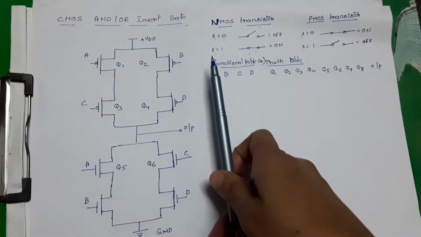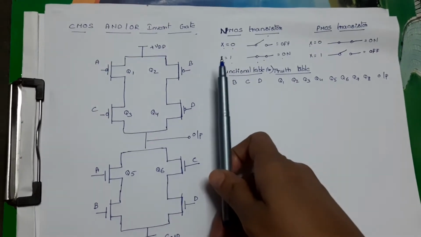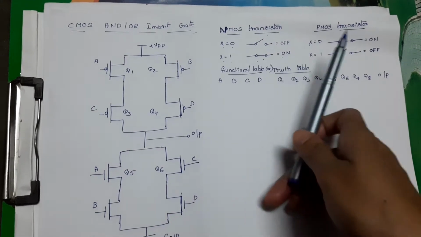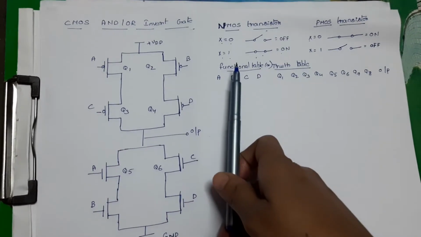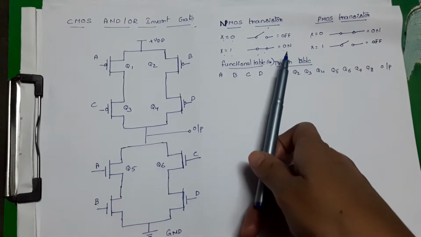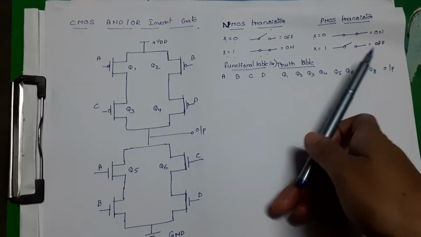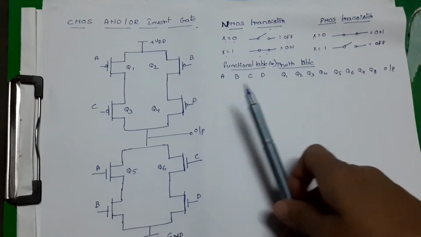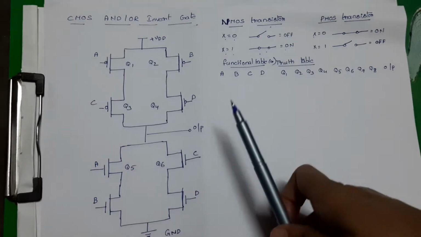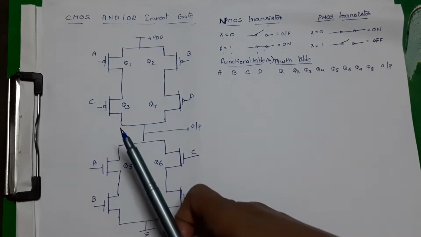For NMOS, X equal to 0 is off and X equal to 1 is on, while for PMOS it is on when X is 0 and off when X is 1. So using these conditions, let us make the functional table for this circuit.